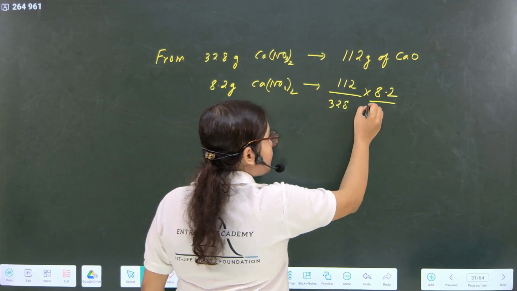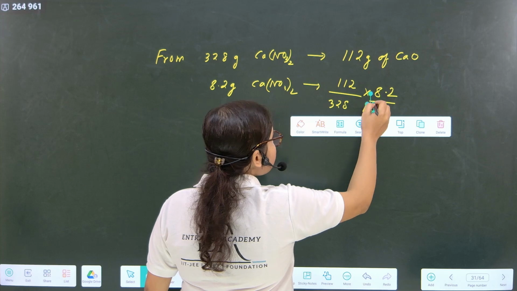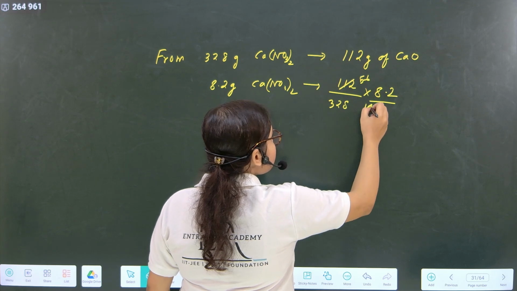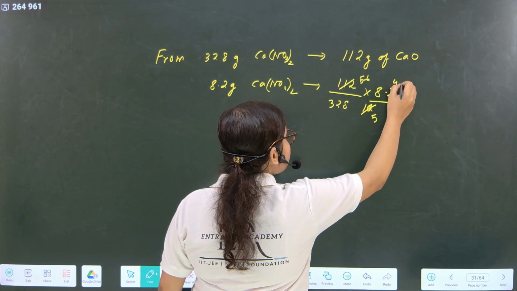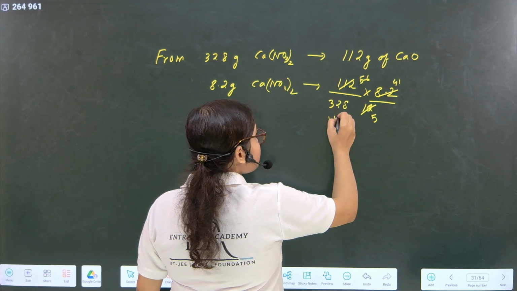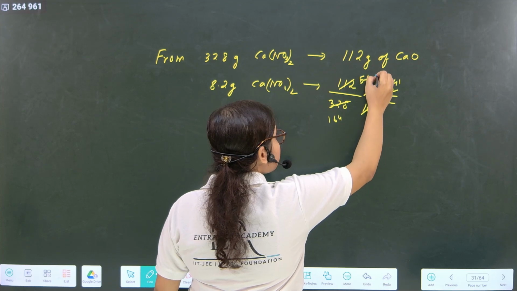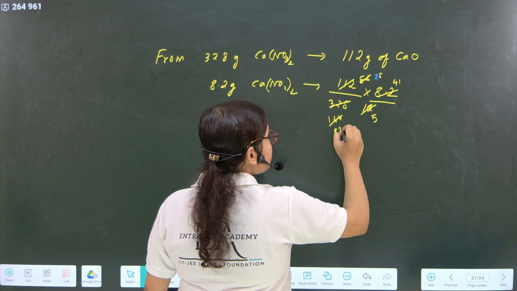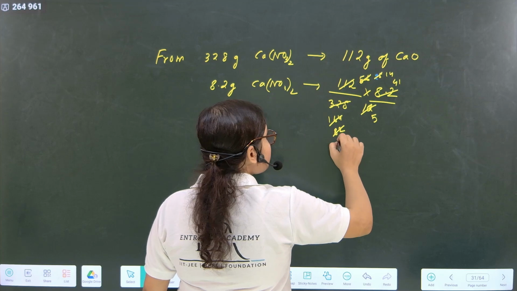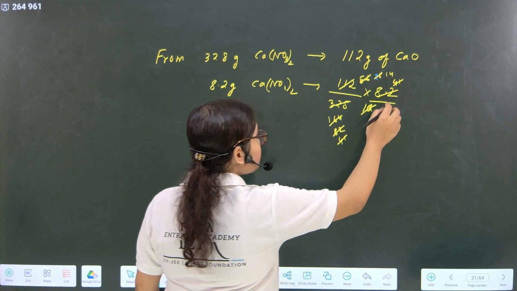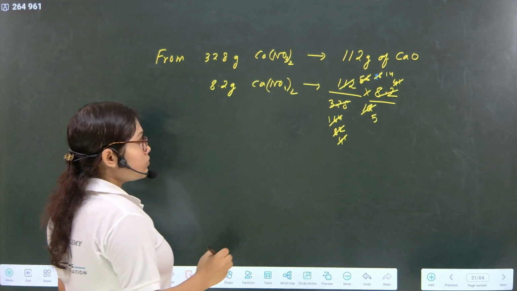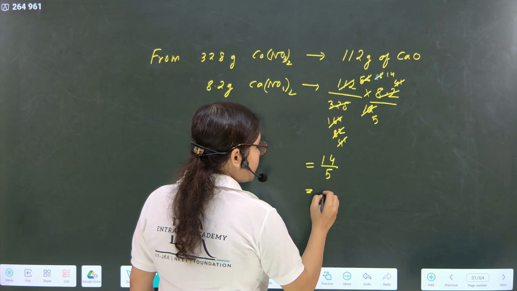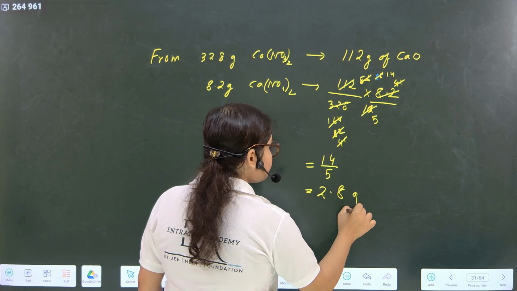Again, calculate. 14 by 5, that is 2.8. The mass is 2.8 gram. This is the answer.